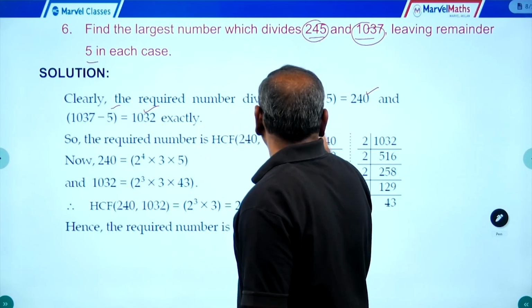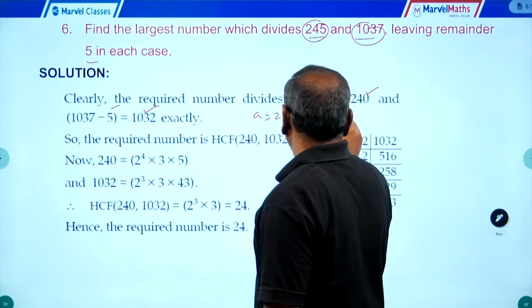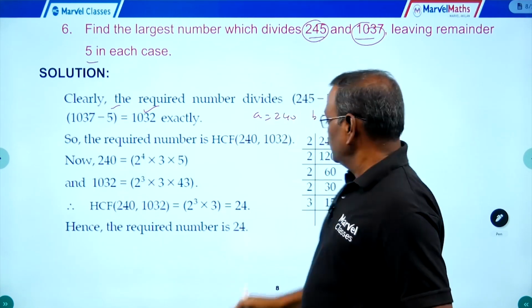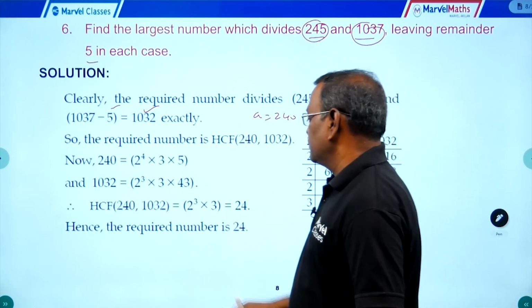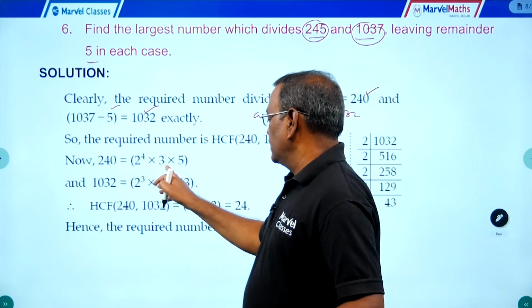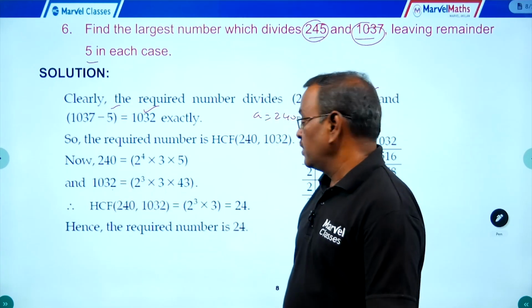These two are the numbers. So A equal to 240, B equal to 1032. Using prime factorization, the factors of 240 are 2 power 4 into 3 into 5, and 1032 is 2 cube into 3 into 43.